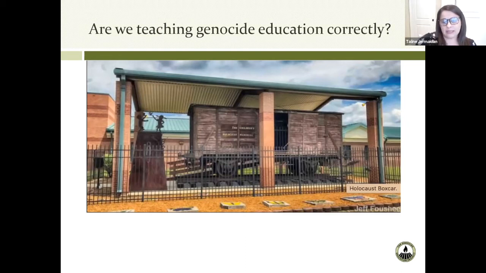It's a boxcar that we know these were used to transport the Jewish population to the concentration camps, but it's a memorial in a town in Tennessee that has a really bad track record of anti-immigration laws, anti-basic rights, really lacking diversity.